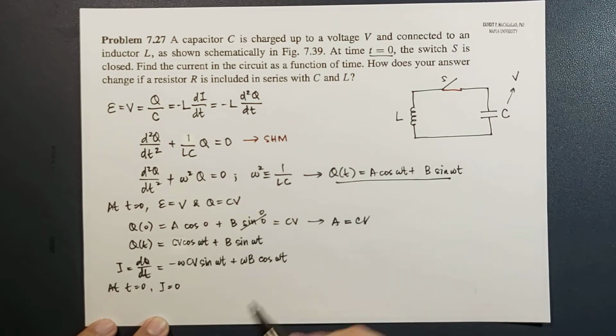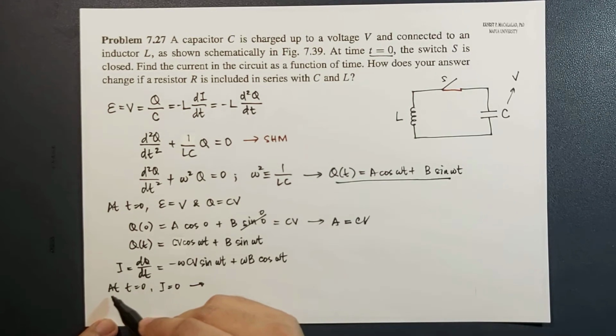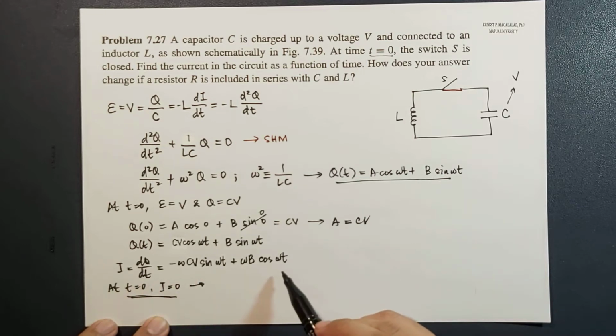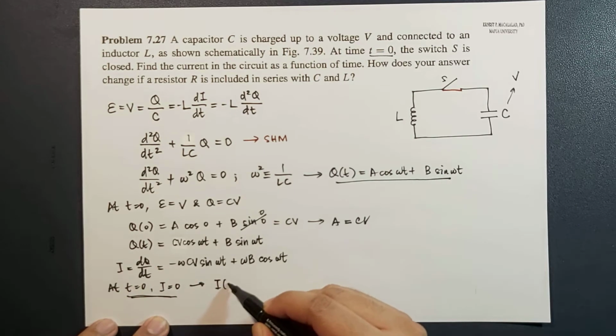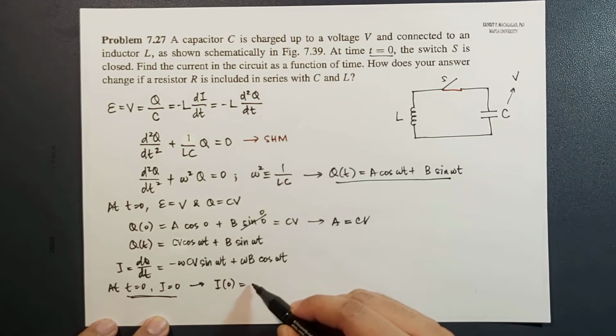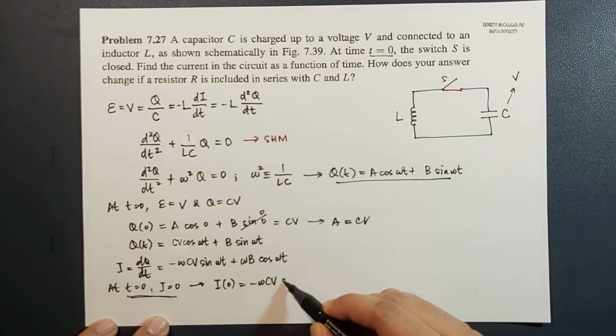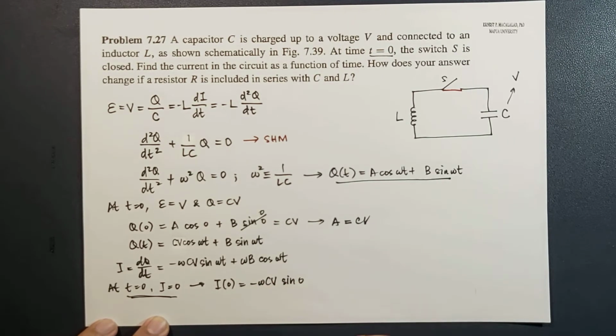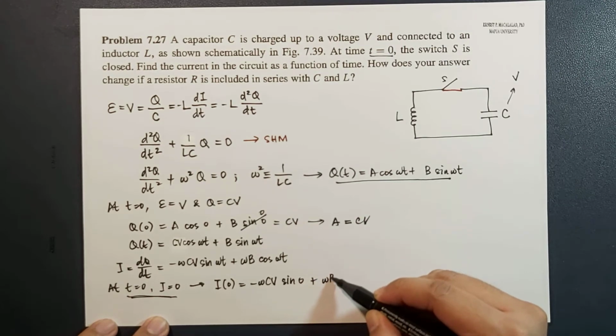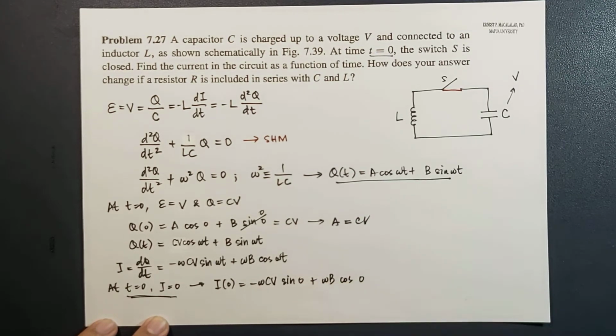So I at time equal to 0 is negative omega CV sine 0 plus omega B cosine 0, and this is equal to 0. Sine 0 is 0, cosine 0 is not 0, so therefore B is equal to 0.